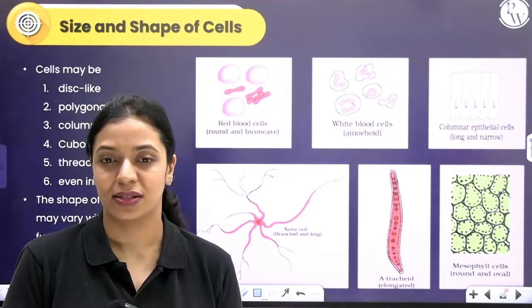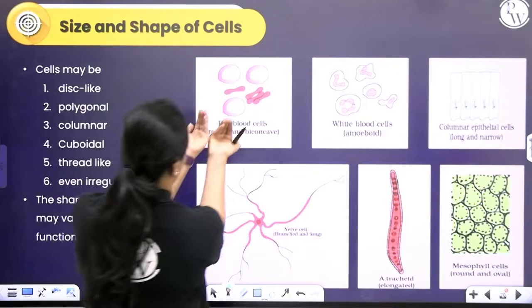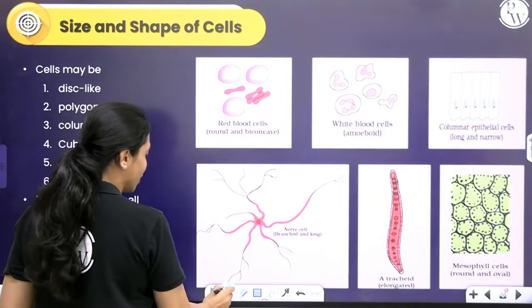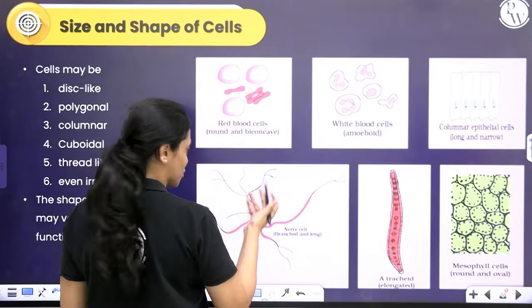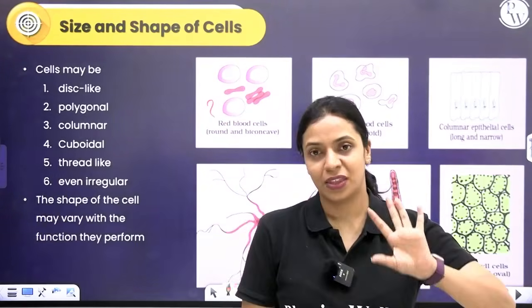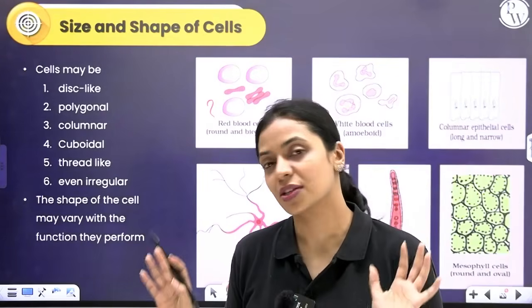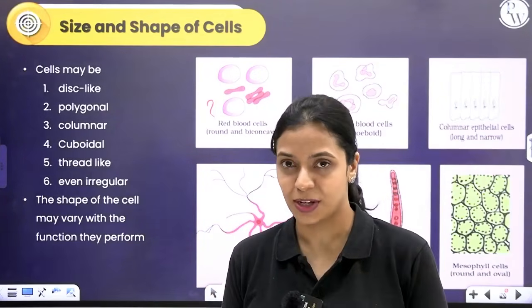For example, if you consider RBCs, RBCs are biconcave, right? They are round and biconcave. Now, why should RBCs be biconcave? Why can't they be just spherical and round and big? That's because if they are any shape other than this, they may not be able to do their job well. What is the job of RBCs? RBCs are present in our blood.